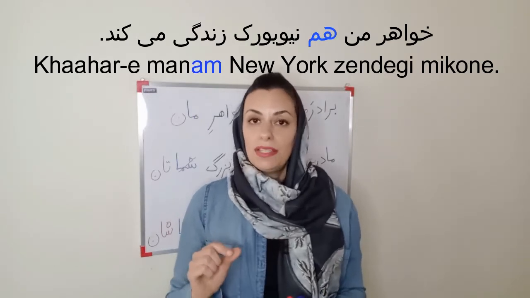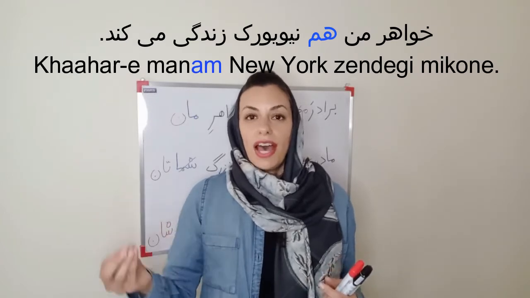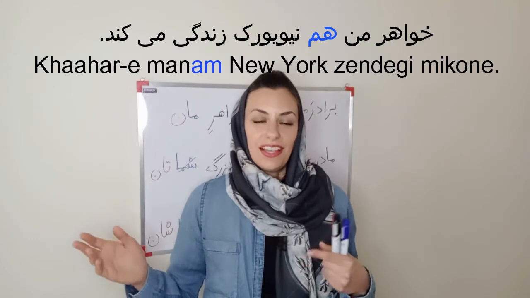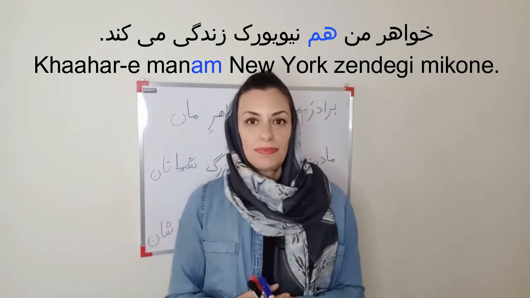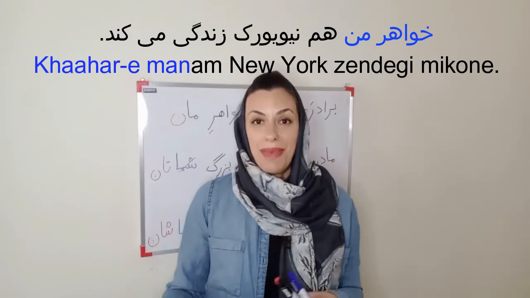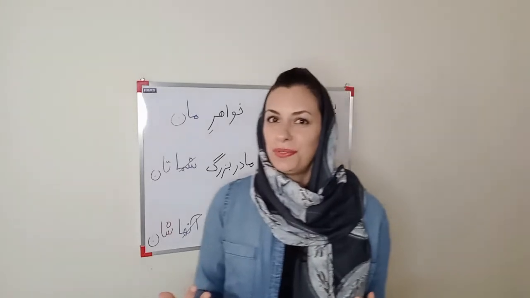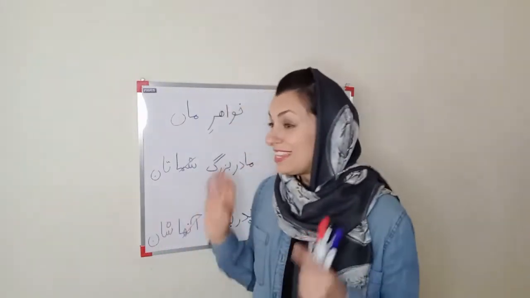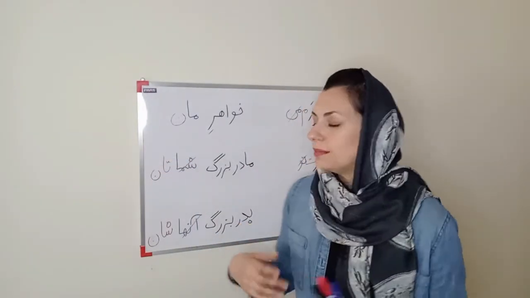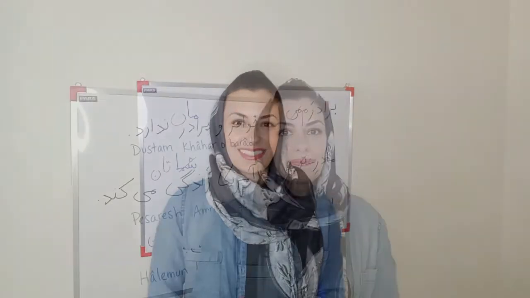This هم means also, but when you're speaking, you say خواهر من هم and you run it together so it sounds like خواهر منم. But you'll notice that for emphasis, you use the first form, خواهر من. So that would be the main difference between these two, is that the easier form is used more for emphasis, but these endings are probably more common in just general speaking.